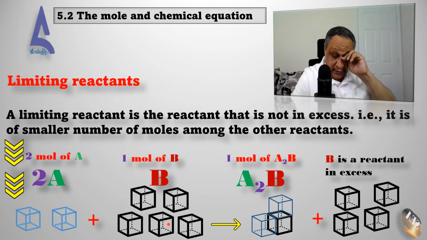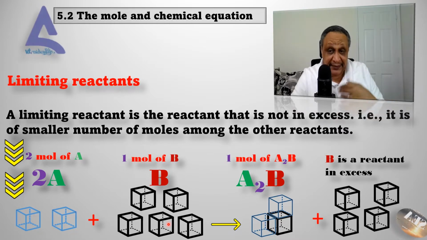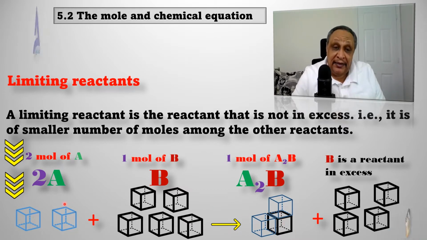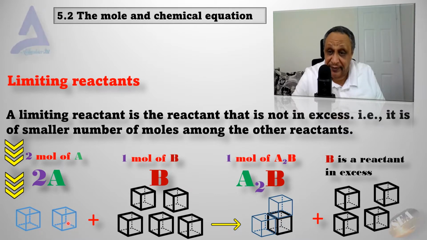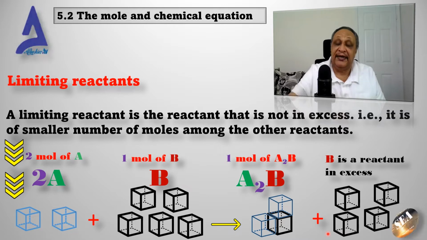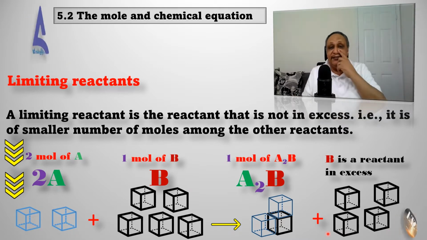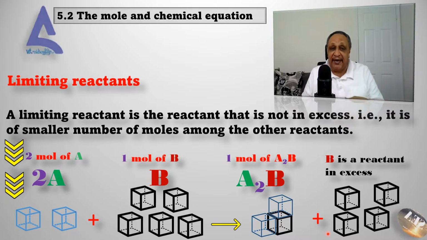If you consume all this limiting compound, the remaining amount of the other is called the remaining excess compound. So this is simply what is meant by limiting reactants.